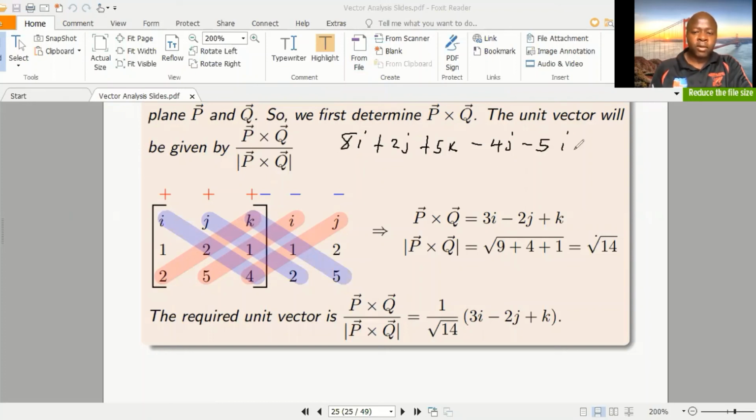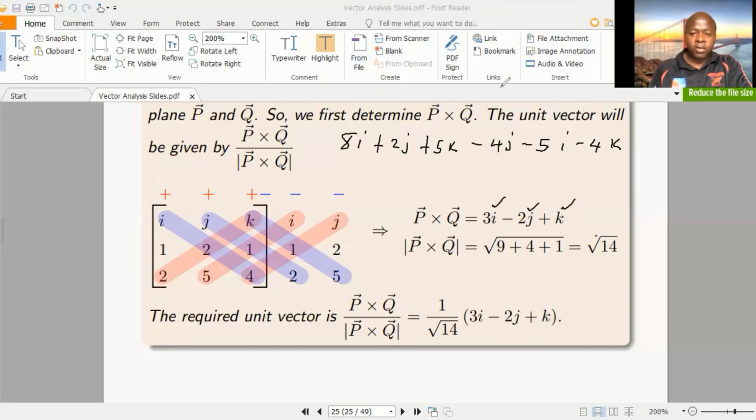And this will be minus 4k. Collect like terms. 8i minus 5i giving us 3i. 2j minus 4j giving us negative 2j. 5k minus 4k giving us positive k.